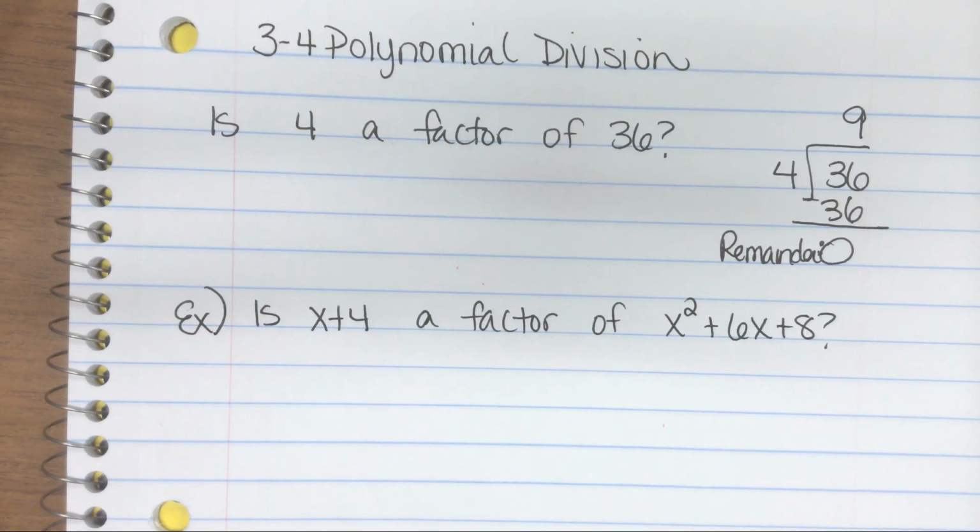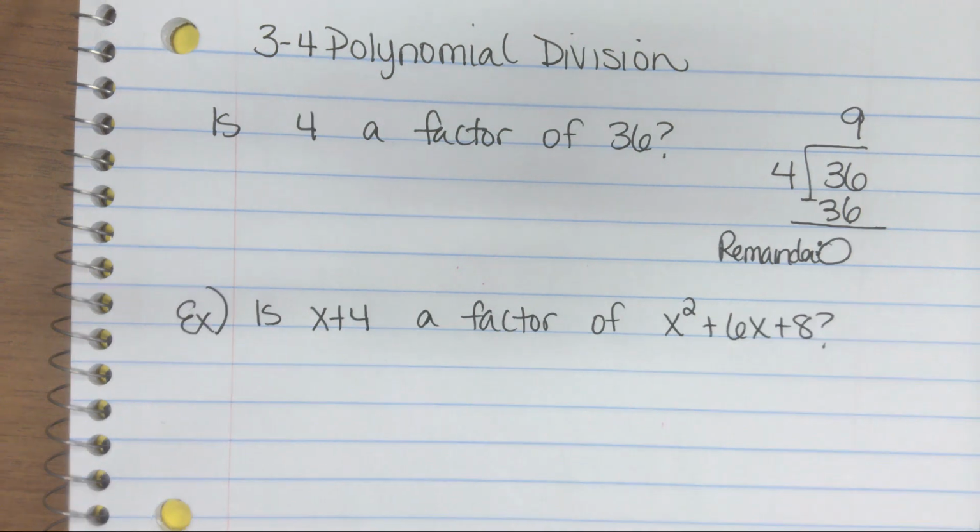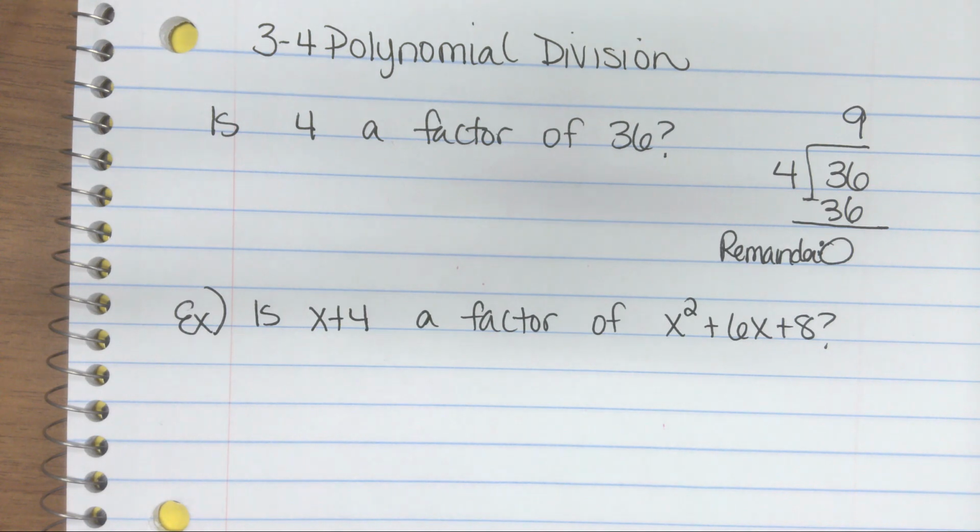Some of you already know the answer to this question without doing this, but I'm going to show you why. Who thinks they know the answer without it? Really? Okay. We did factoring in the past. Remember those binomials? So my question is, is it possible to factor in that way?